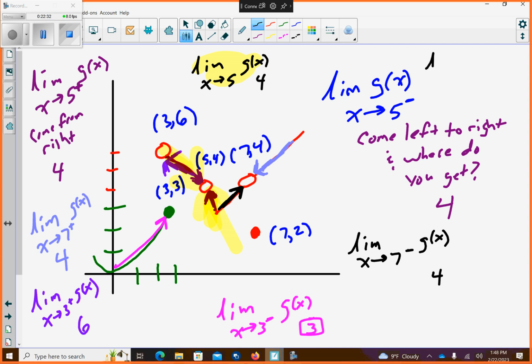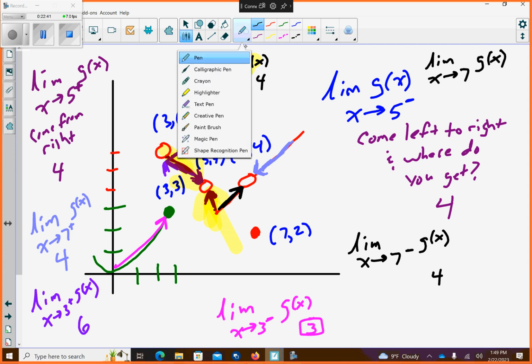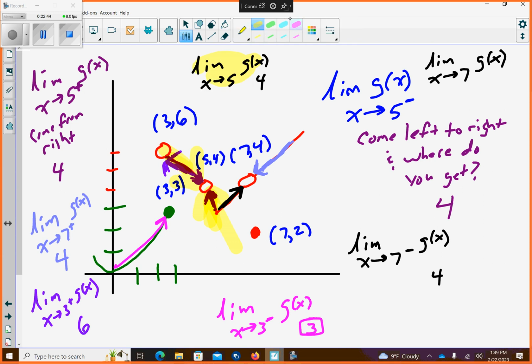Let's do this one. Limit as x approaches 7. So this means I'm coming from both sides. Approaches 7. So let's highlight this. So 7 is here.